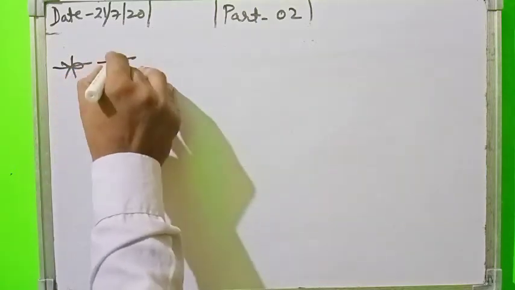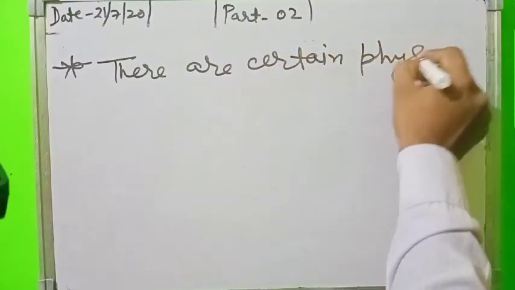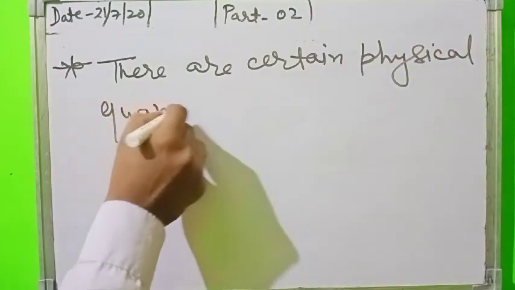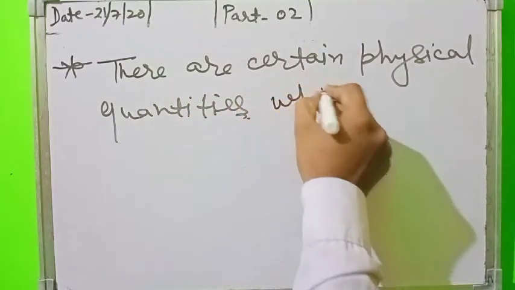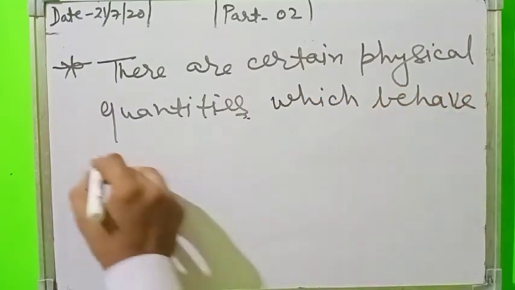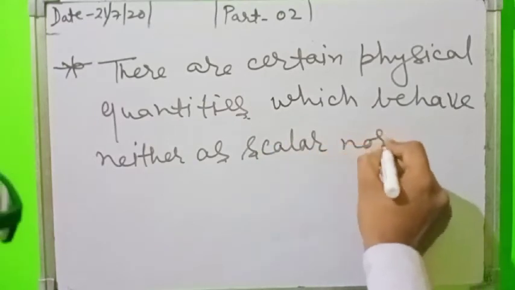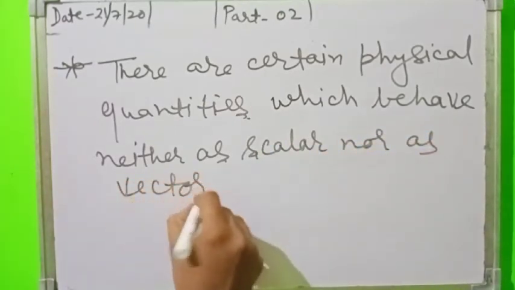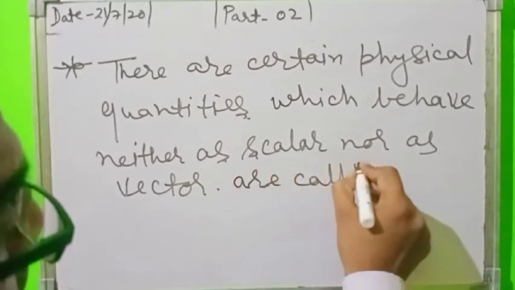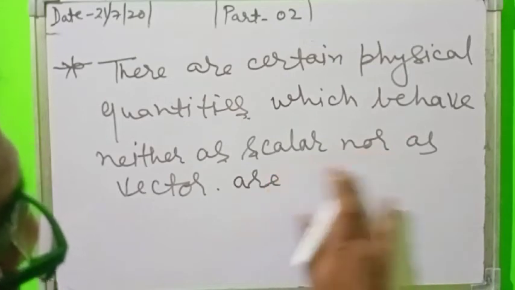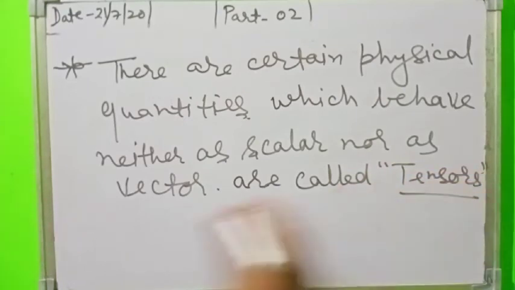There are certain physical quantities which behave neither as a scalar nor as a vector, and are called tensors, or tensor quantities.